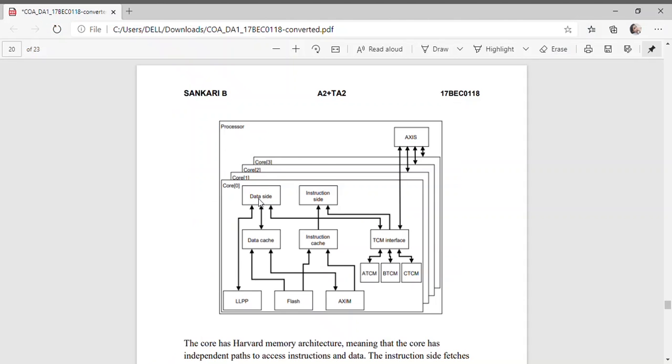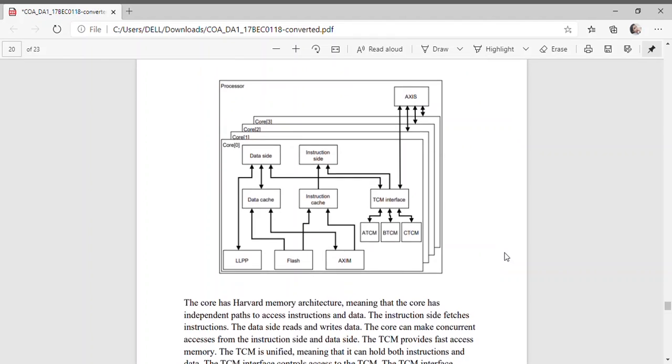Here the core has an independent path to access instructions and data. The data side reads and writes data, and the instruction side fetches instructions. The TCM interface here provides fast access memory, and it holds instructions and data. It actually has three masters, master A, B, and C, and all of its functions are explained in detail below.